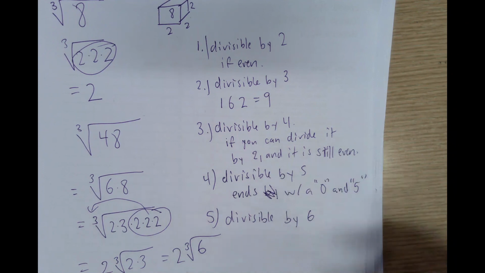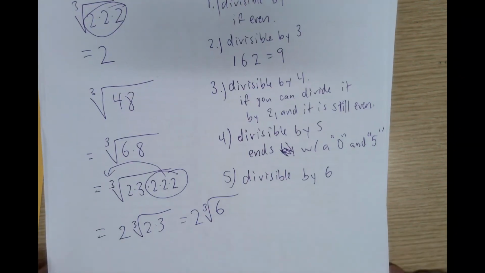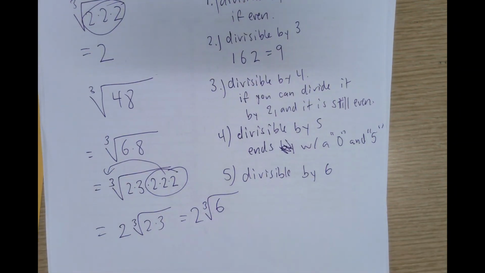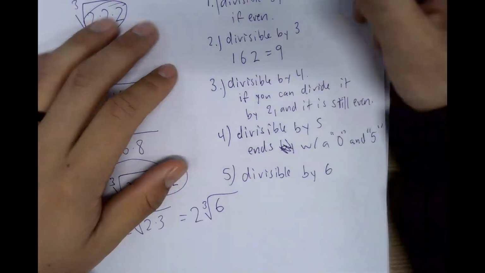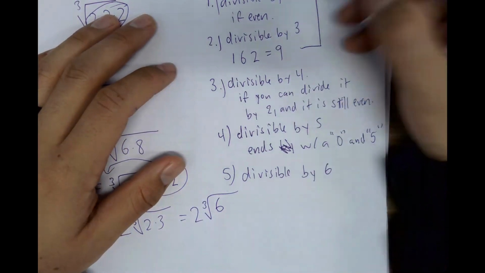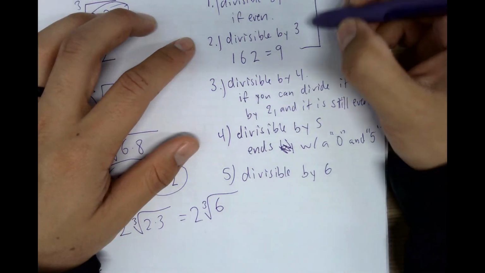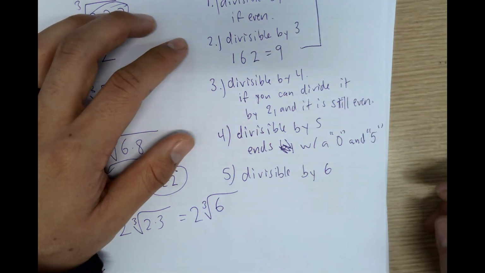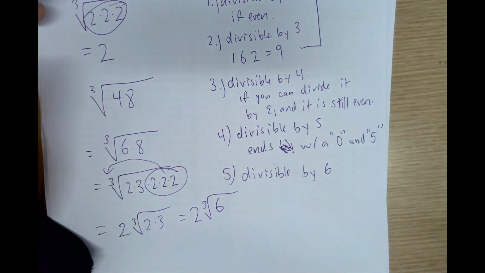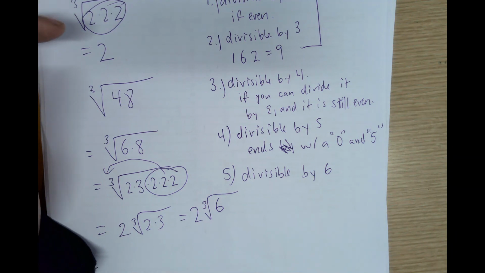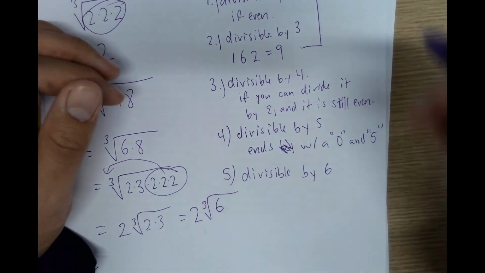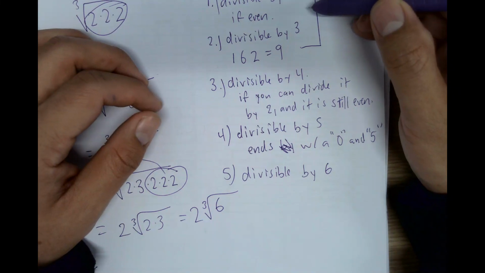Okay, so we know it's divisible by 6 if it fulfills both of these at the same time: if it's even, and if you add up the digits and it's divisible by 3. That makes sense because 6 is a multiple of 2 and 3, so it has to fulfill both rules.